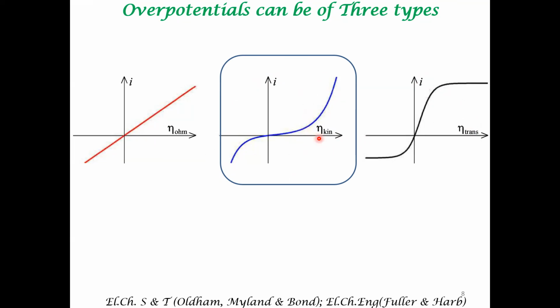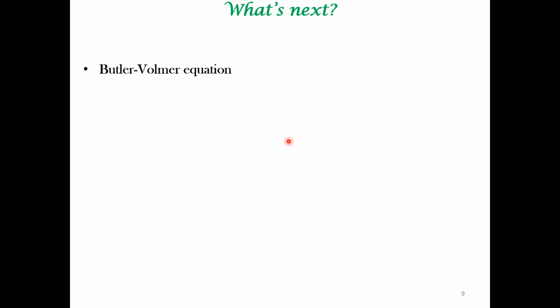This has to do with electrocatalytic reactions or electrochemical reactions that occur at the electrode-electrolyte interface. So the mathematical description of electrochemical systems is obtained by what is called the Butler-Volmer equation, which we will look at in the next lecture.